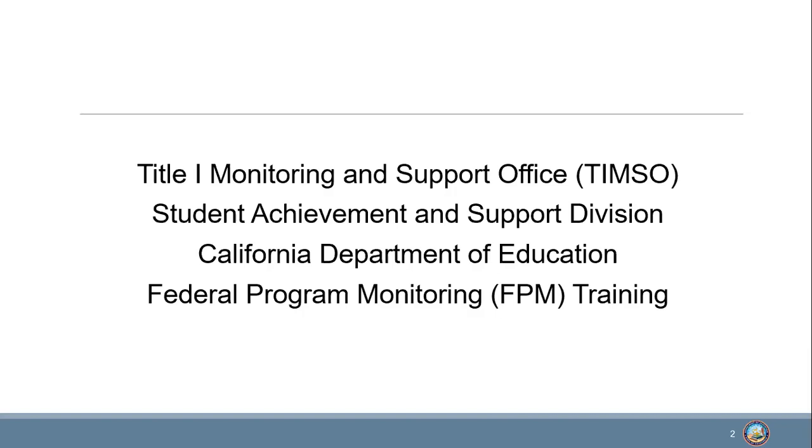You're watching this presentation because your district is scheduled to have what's called an FPM, or Federal Program Monitoring, review. Many of you, I have no doubt, are quite experienced and have had this training in person from myself and my colleagues in the past, or in the years before from other staff members.